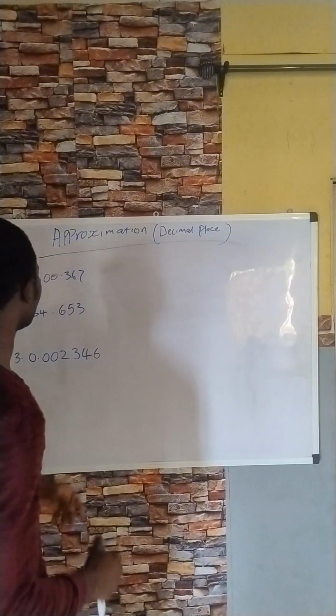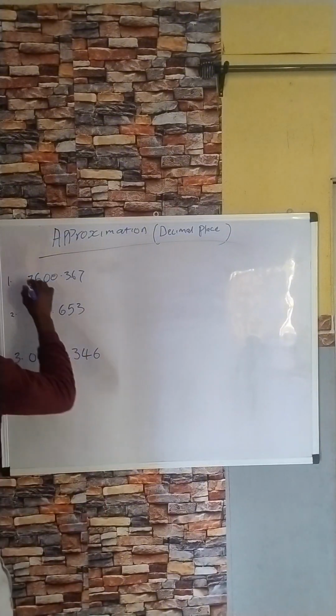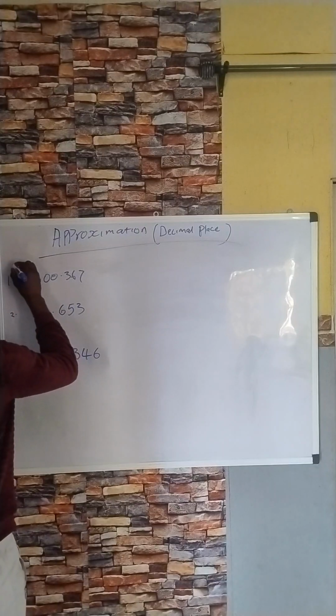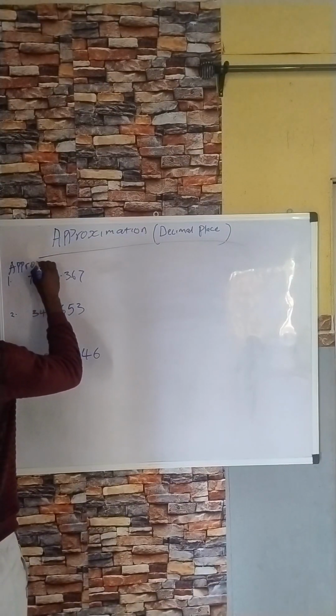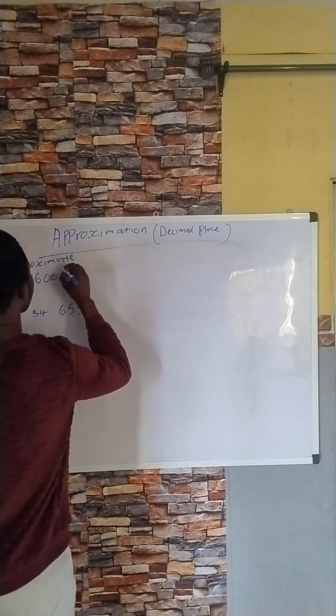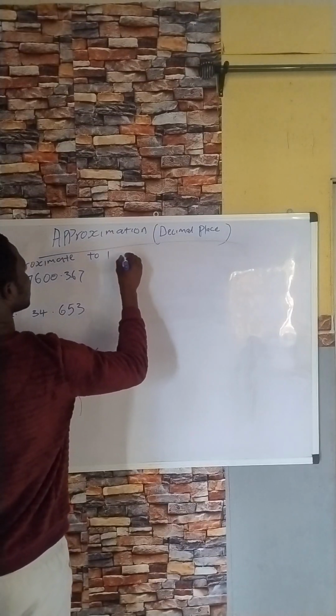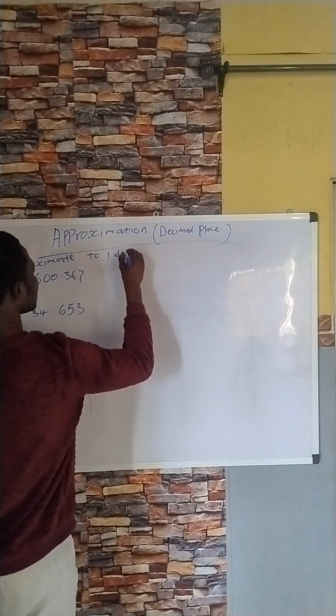So let's practicalize that. We have 3 examples here, and our question is: approximate to 1 decimal place.